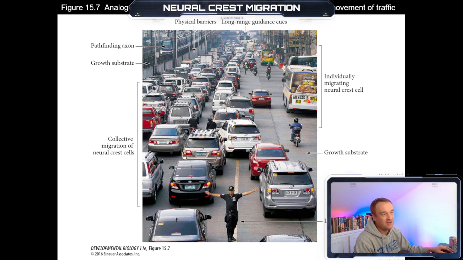We have more individually migrating neural crest cells up here, and then local guidance cues, environmental, biological factors that help to guide them to their prospective zones and what they're going to become. So the traffic cop here would be those differentially expressed genes that lead them to become glial cells or whatever. This was with the textbook. It's not the greatest analogy.